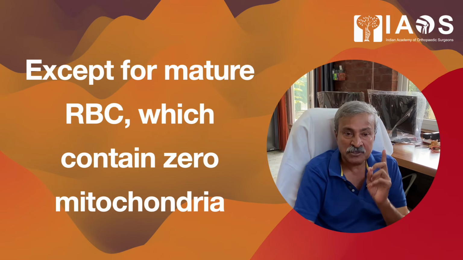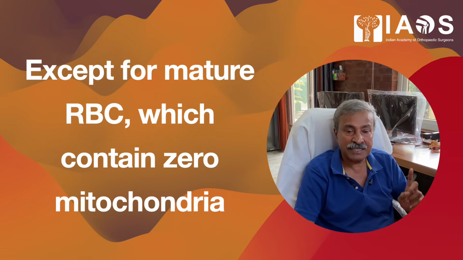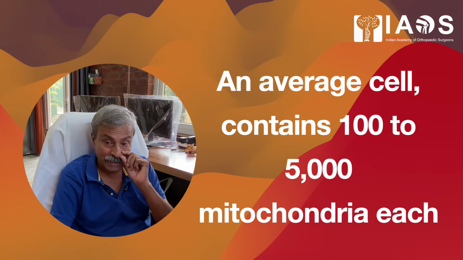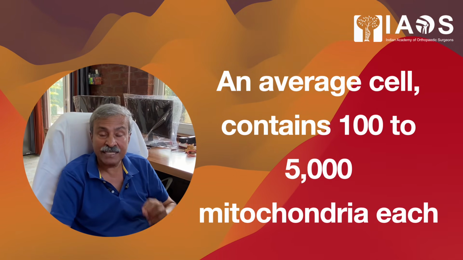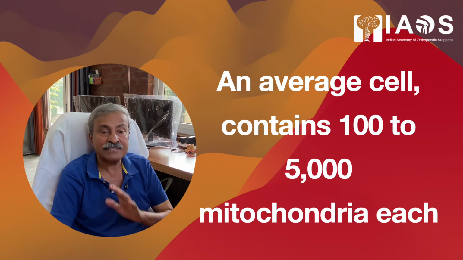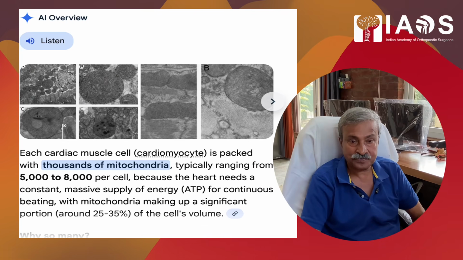Except for mature RBC, which contains zero mitochondria, an average cell contains 100 to 5000 mitochondria each. No body cell contains less than 100 mitochondria per cell.